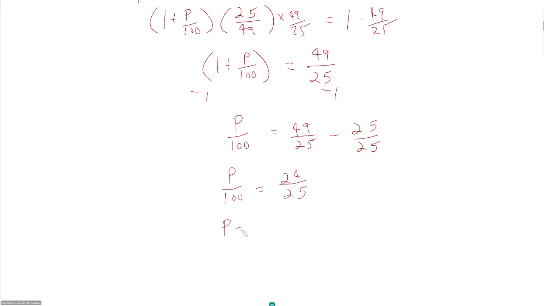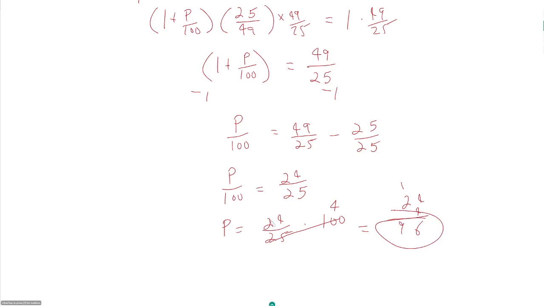Now P should just be equal to 24 over 25 times 100. And instead of multiplying 24 times 100 and then dividing that by 25, I can see that 100 over 25 is just 4. So P is just equal to 24 times 4, which is 96. So P is equal to 96.